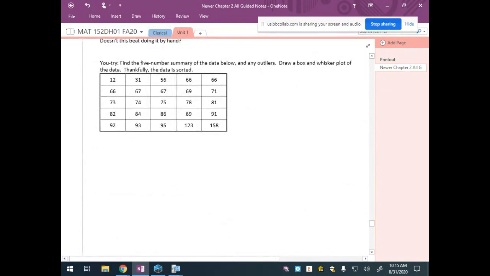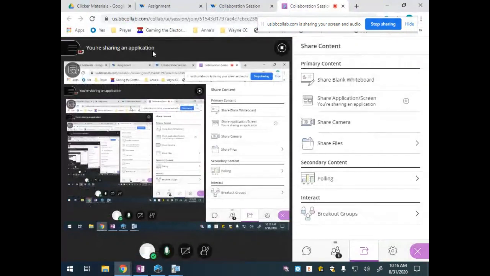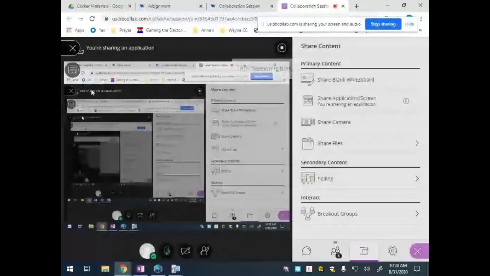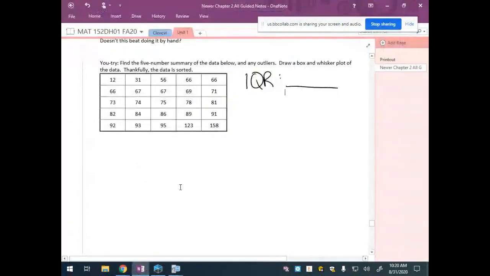Now, what I want you to do is we're going to do this one. The first thing we need to do before we can actually find the IQR is the 5-number summary. So the minimum is going to be 12. The first quartile, you would get 66.5.